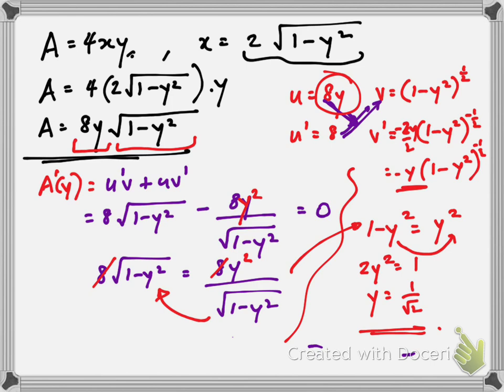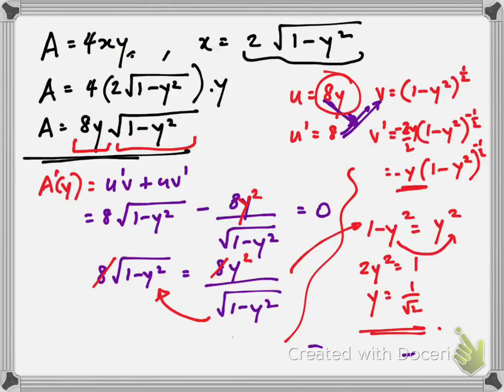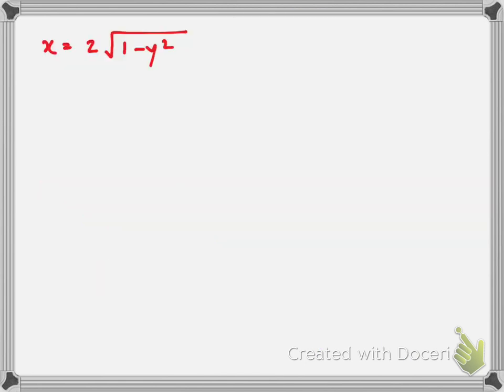So what next? So next, what we do is we find x. How do we do that? We end up with x is equal to 2 square root of 1 minus y squared. Where did I get that from? I got that from here. Just to find x.